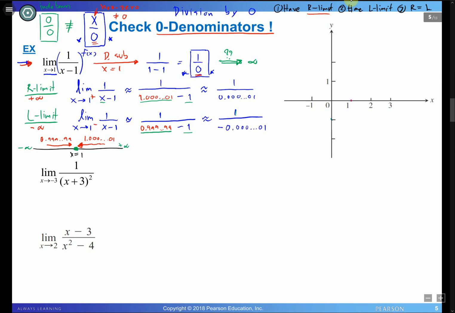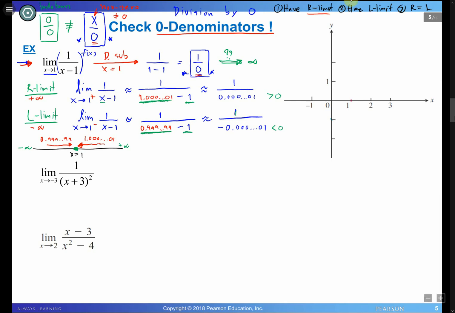Up here we have the front term. For the subtraction, the front term is larger than the back term, and this results in the denominator that is greater than 0. For this one down here, for the left-hand limit, we have front term that is less than the back term, and that's why we have denominator that is less than 0. Okay, and let's check out why this is important.